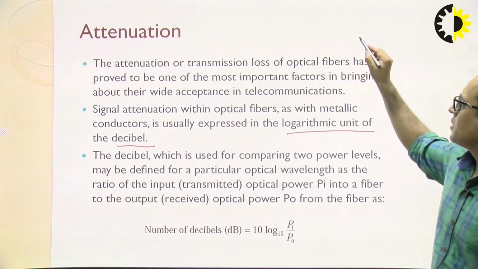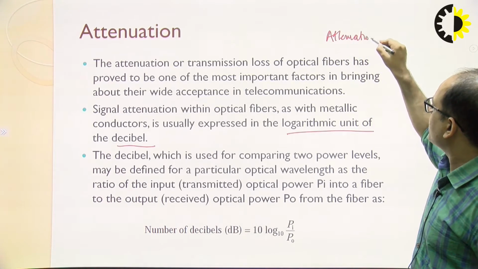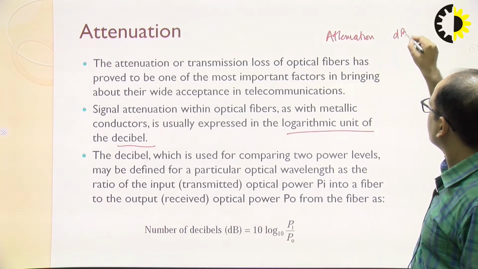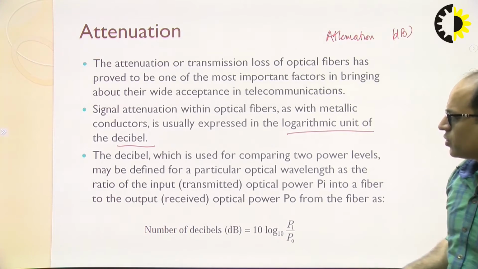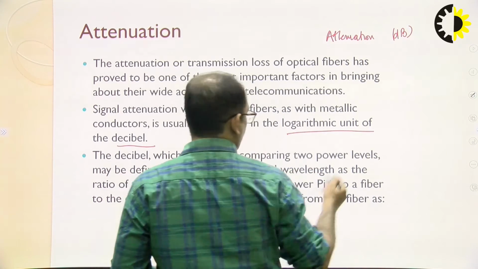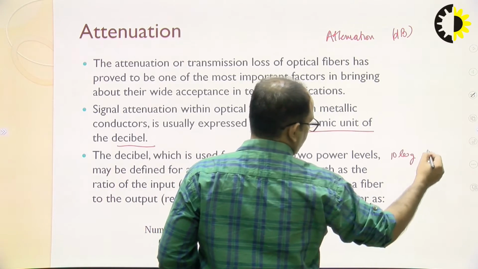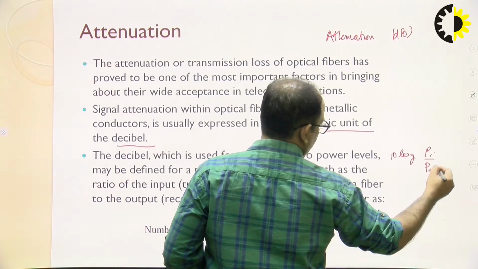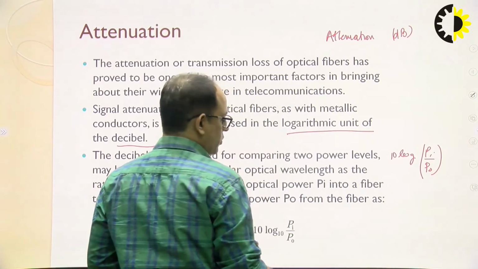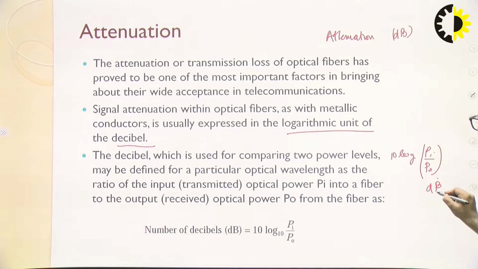This attenuation can be expressed in terms of decibel, and can be written as 10 log of P input divided by P output, and this is expressed in terms of dB. Clear?